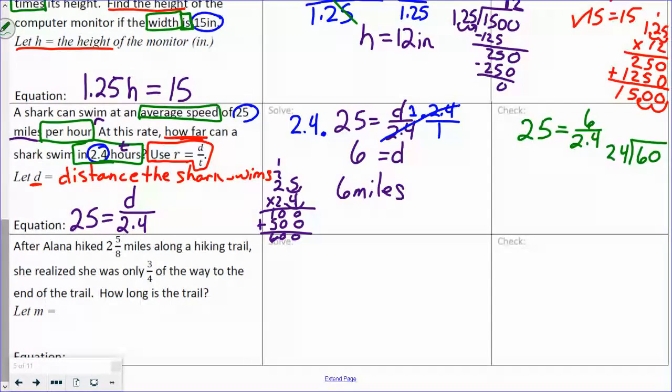Making sure I do places correctly. Okay. So then 24 going into 60. Well, 24 could go into this 2 times. Okay. And that makes 48.